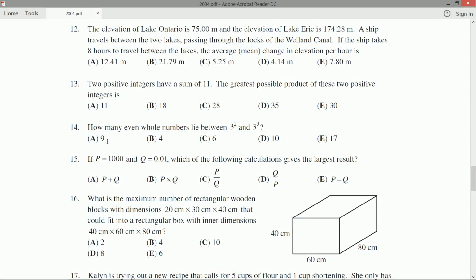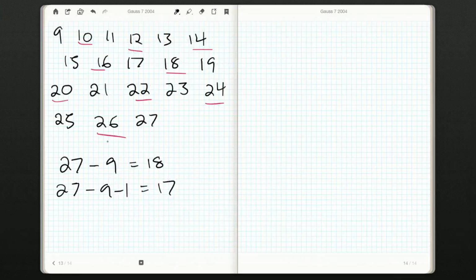Okay? So how do we turn the 17 numbers between 9 and 27 into even numbers between 9 and 27? Well, first realize that half of all numbers are even and half of them are odd. So if I take this 17, divide it by 2, that should roughly tell me how many even numbers are in the list between our endpoints of 27 and 9.